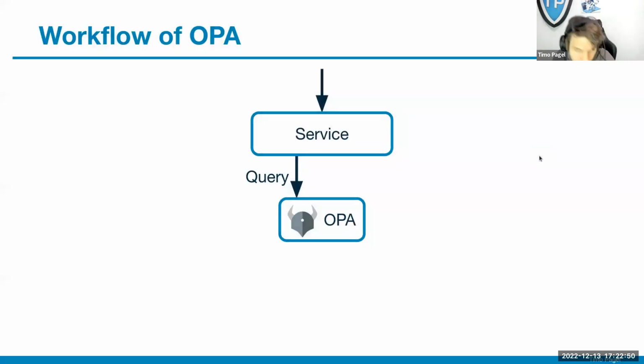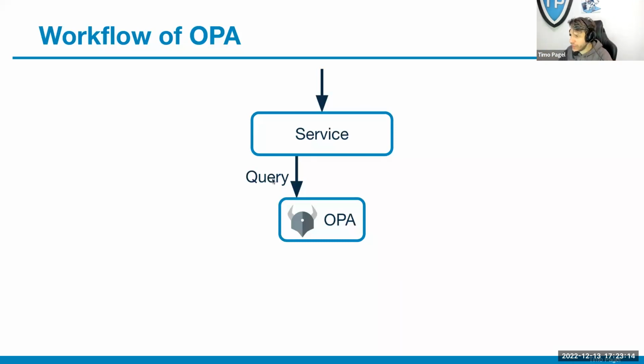Yeah, now we come to the details of the Open Policy Agent. So you see here, how does it actually work? We heard already in the start that OPA is not something you directly put into the service. So how does it work? You have the service, independent from the language.